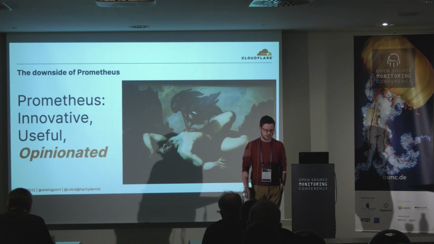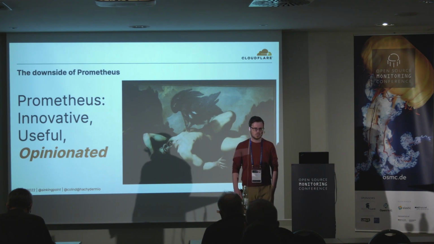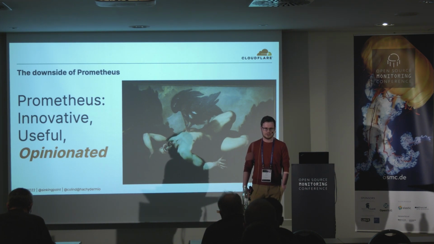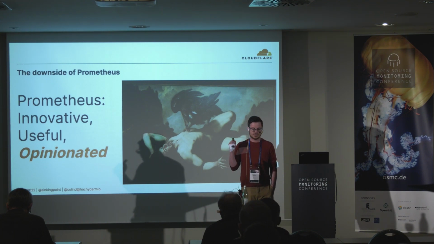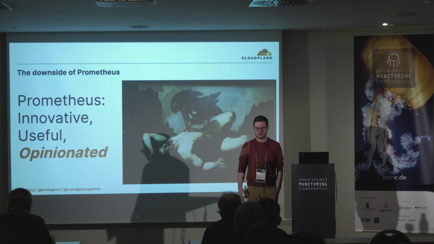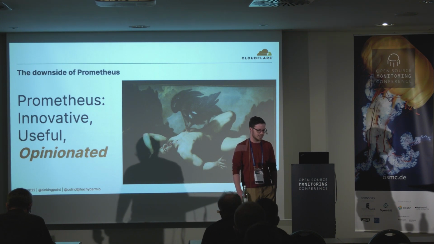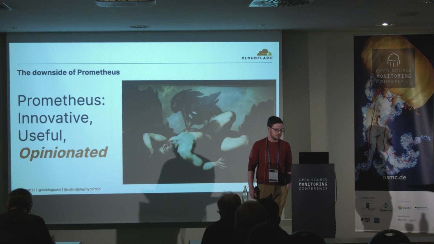But if we're being honest, Prometheus has some downsides as well. It makes some assumptions that perhaps, while innovative, lock us into a particular pattern. And you'll have to excuse this image here. Turns out when you name your system after a man who was chained to a rock and has his liver eaten out, it's really hard to find safe for work stock images.